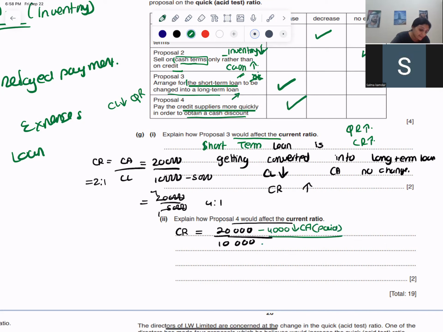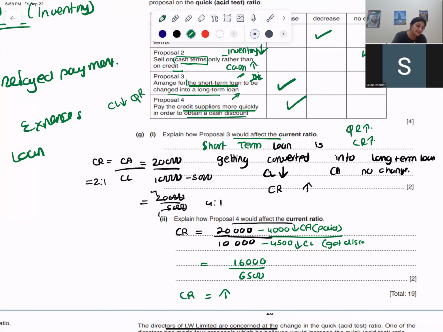But my current liability will decrease by 4,500 because I got a discount. So my new current ratio would be 16,000 over 6,500. So the new current ratio will increase. So proposal 4 would increase my current ratio.